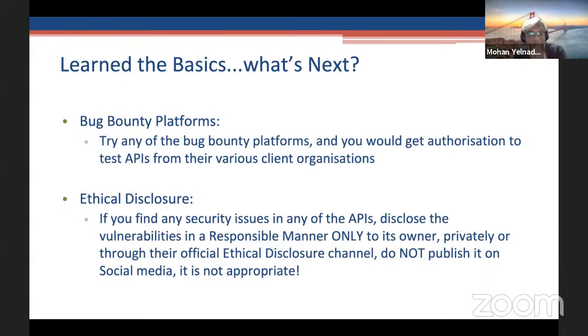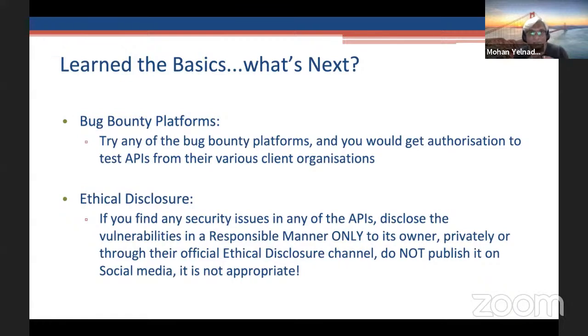ethical disclosure. If you find some vulnerabilities outside a bug bounty platform, right, in any of the APIs, disclose it only to its owner, and don't do it publicly, but do it privately, through their official ethical disclosure channel, and never ever publish your achievements in social media before it is fixed, right?